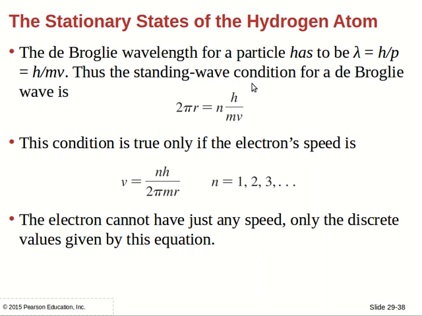Now this is true only if the velocity of the electron is as we've assumed it to be. The speed of the electron is therefore related to the fact that the integral number of wavelengths fits on one circumference. So now we have another expression for the velocity. This formula for the velocity is based on the fact that there's an integral number of wavelengths around the circumference, and the wavelength is related to the electron's momentum and therefore its velocity.